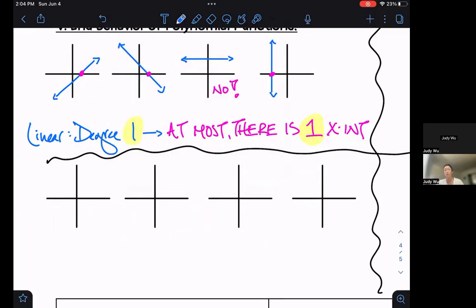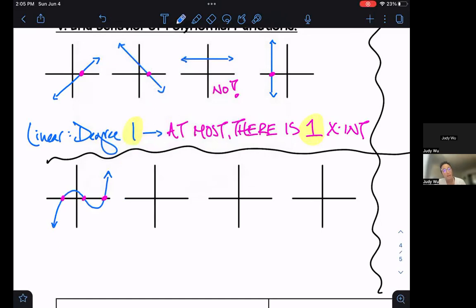And so in these 4 grids, let's think about what a degree 3 function might look like, okay? And it turns out that a degree 3 could go something like this, okay? How many x-intercepts does that have? Well, 1, 2, and 3, okay?